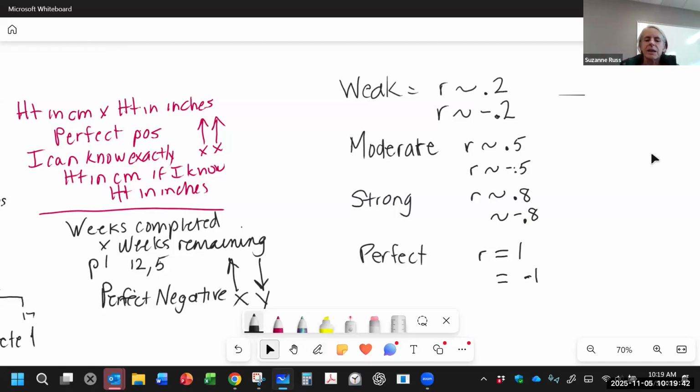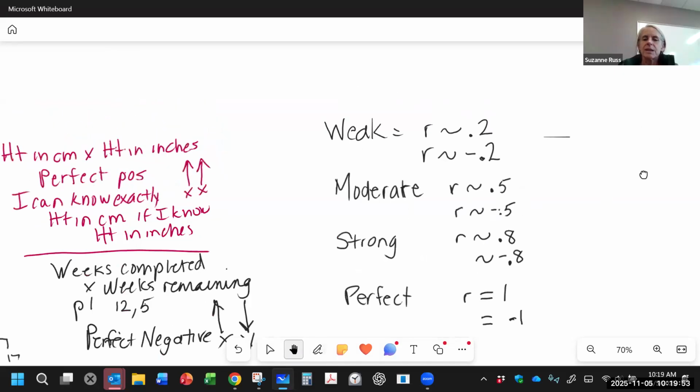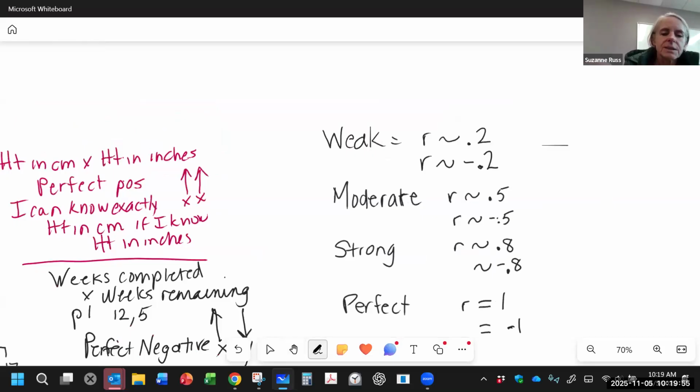And if you're looking at a zero relationship, remember you're going to have a 0 probably in that first place after the decimal point. We just call it a zero relationship.